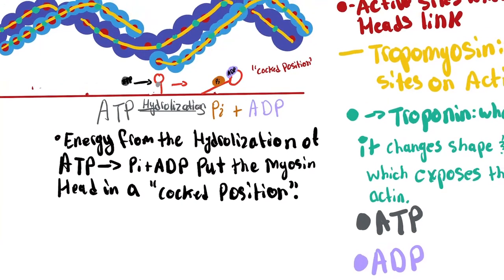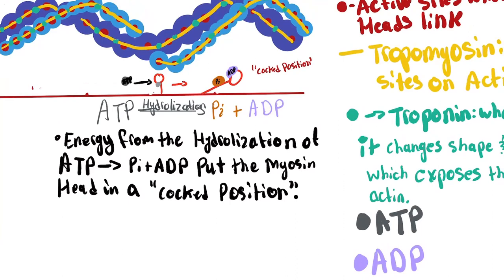Another way to think about this is a gun: you cock it back, and when you pull the trigger, it releases this energy. That energy, when you pull the trigger, is the motion you can think of for the myosin head.